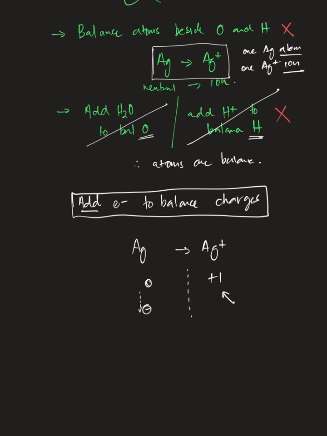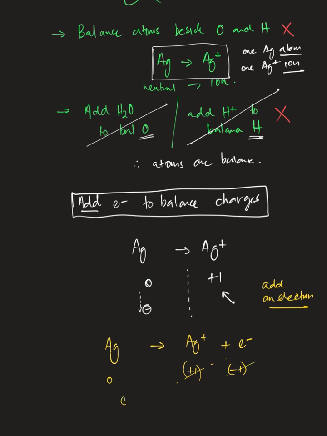So I'm going to choose another color. I'm going to add one electron. So now I've got Ag plus Ag1 plus 1 electron. Now if I look at the charges, that's 0. This is +1 and this is -1, and that kind of cancels out.